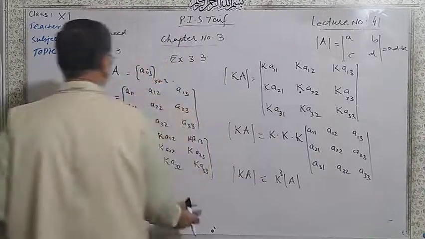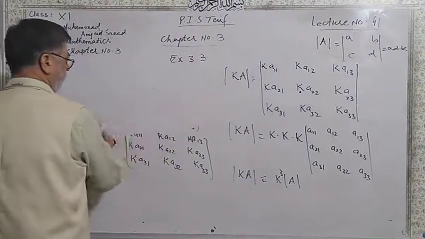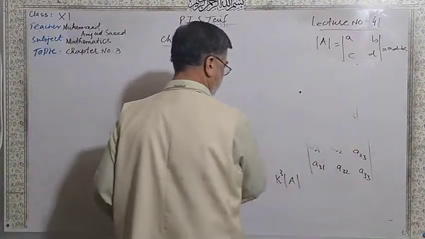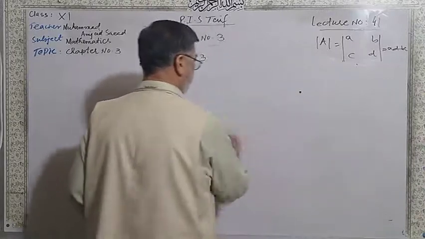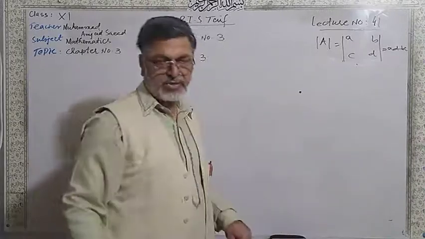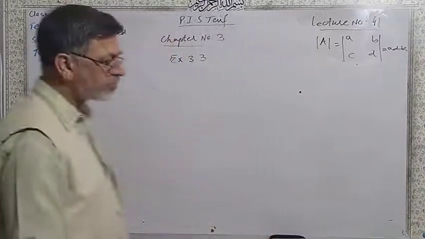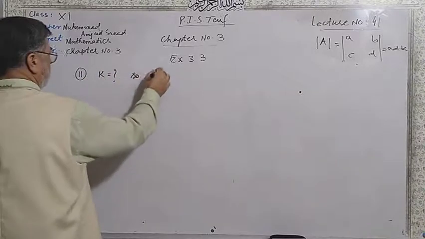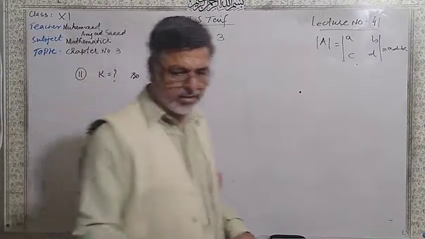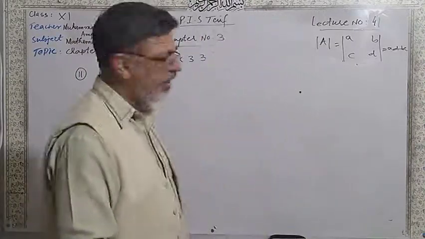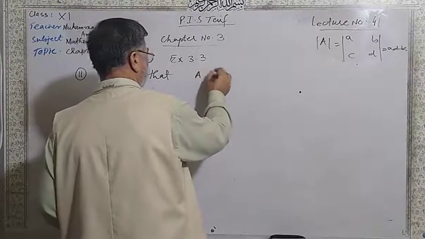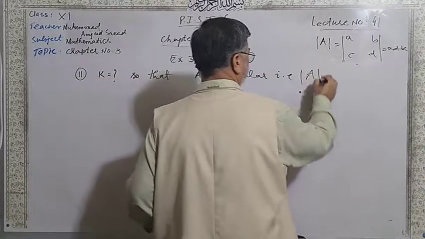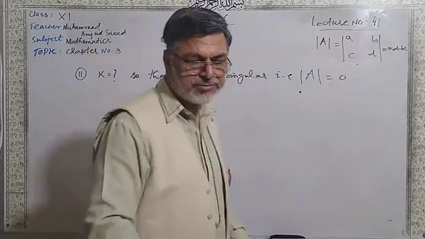So we will find the value of K so that matrix A is singular, that is, A determinant is equal to 0.